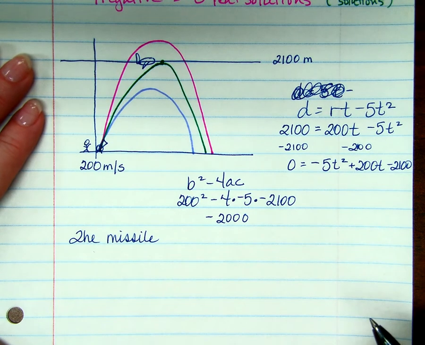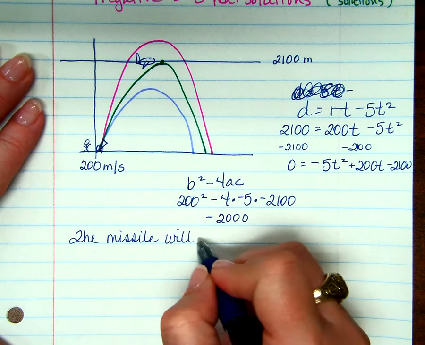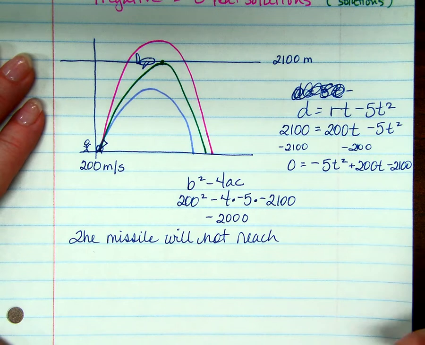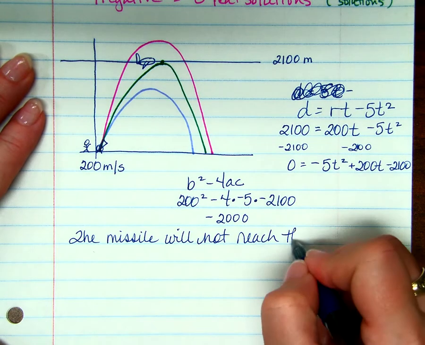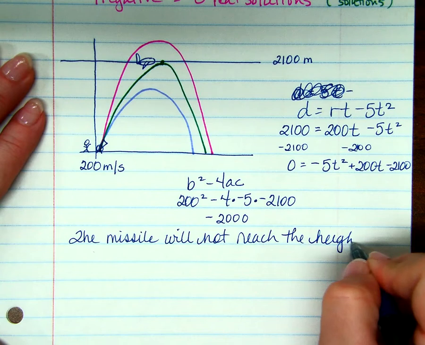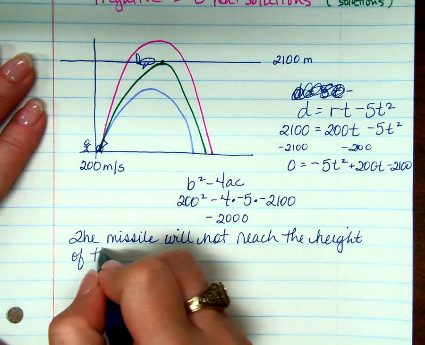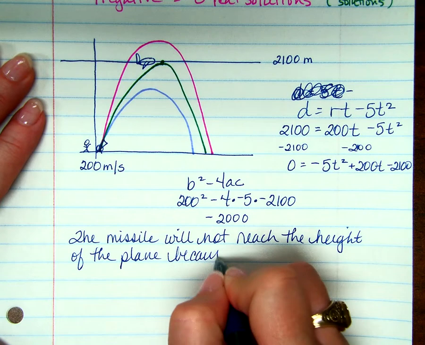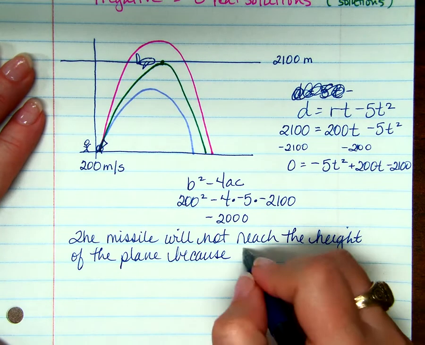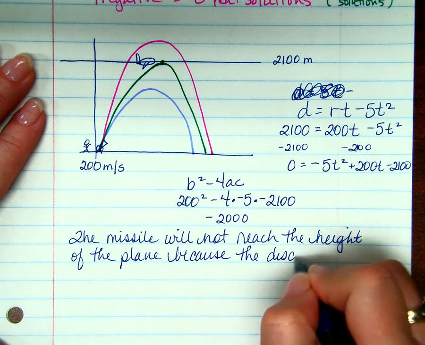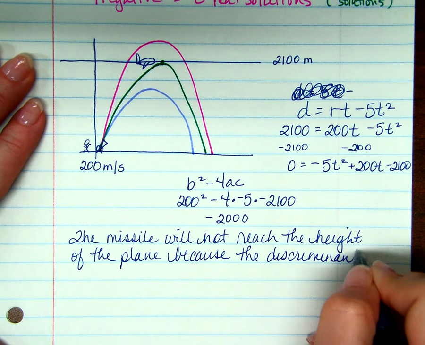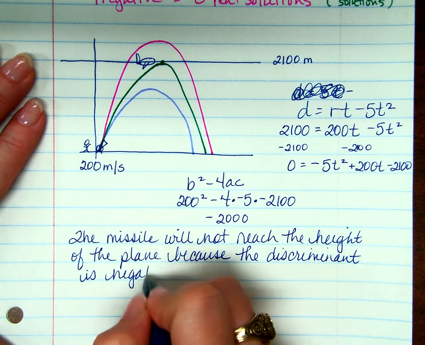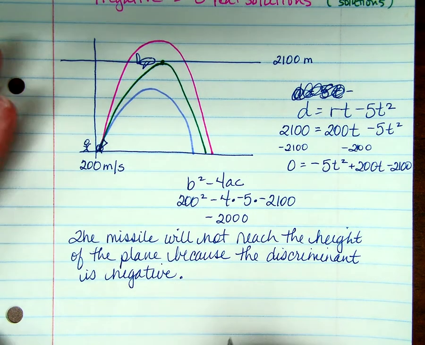The missile will not reach the height of the plane, because the discriminant's negative.